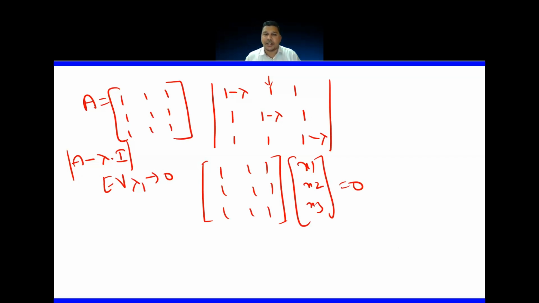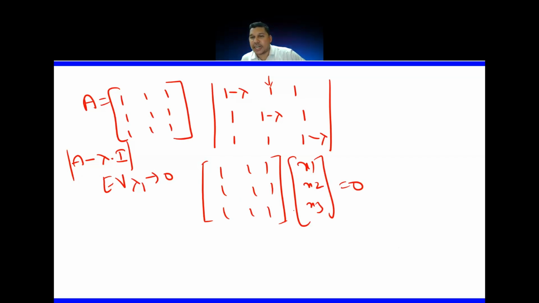The same equations, right? They are repeated. We are having repeated values, so how do you find it out?